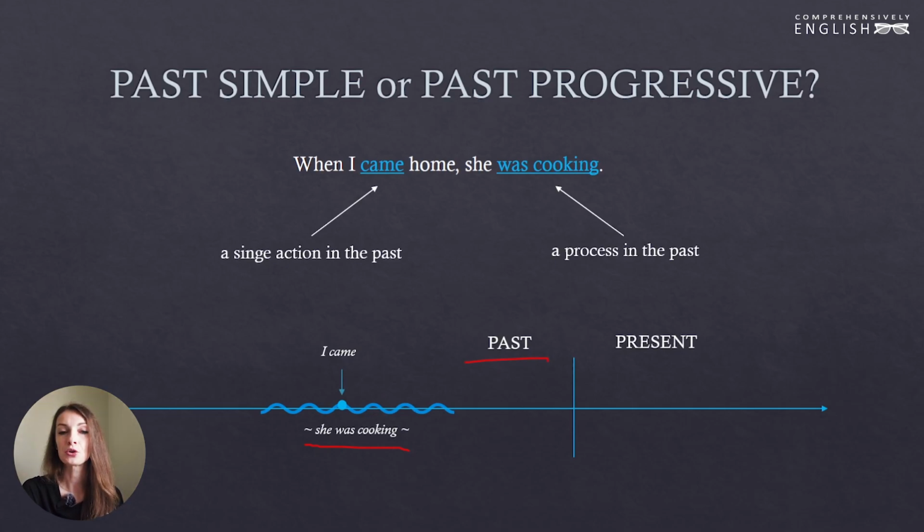This way, when you need to show a process, you stick to a continuous form. When you speak about a process in the past, you choose the past progressive or the past continuous tense. When you speak about something that just happened quickly, that was a single action, or when you speak about a state, you use the past simple.